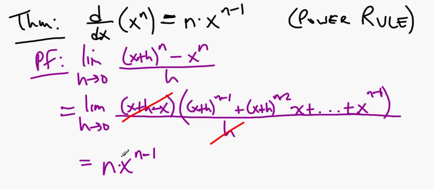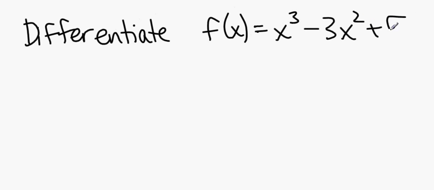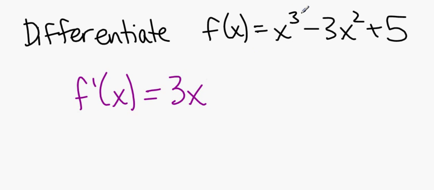So why does that piece matter? Well, that piece matters because if I want to differentiate f of x equals x cubed minus 3x squared plus 5, then I know from all the rules that we've just talked about, the derivative of x cubed, well, the 3 comes down in front and the power decreases by 1.